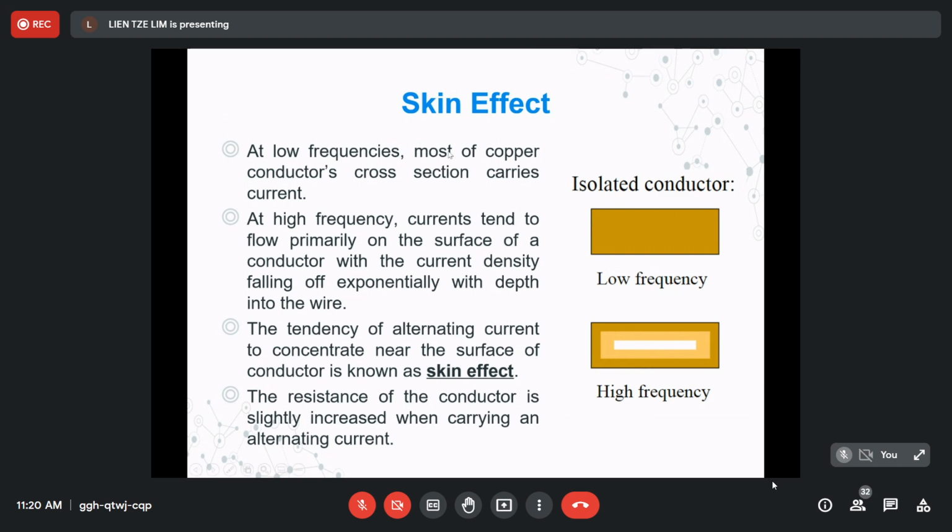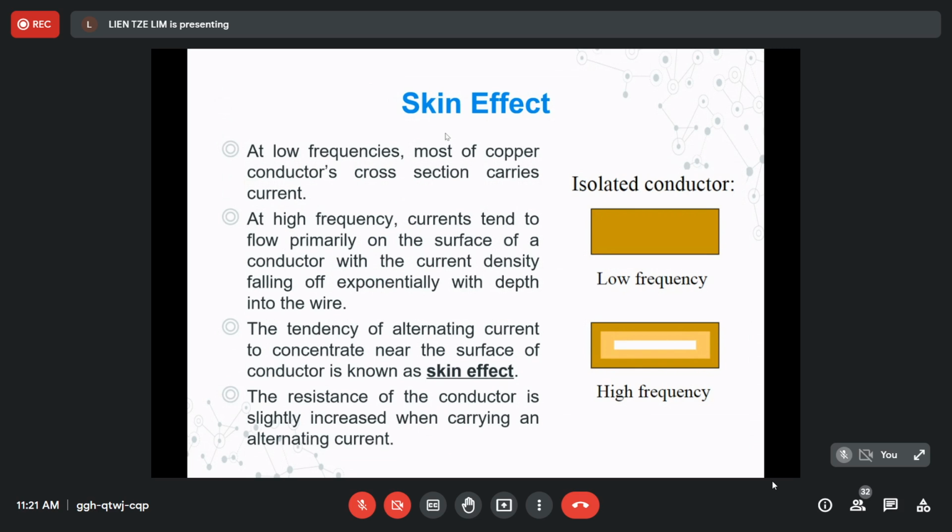And the skin effect. What is meant by the skin effect here? The metal layers that are used to carry current are also affected by frequency. When there is a current, of course, there is a voltage drop.